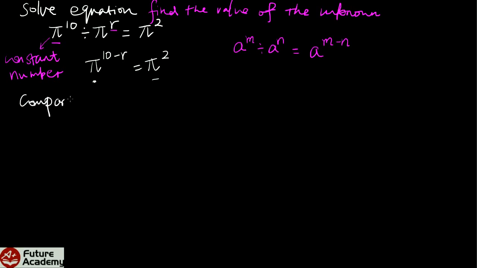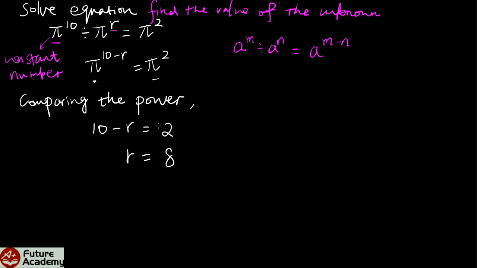Technically we call it comparing the power. The next step is 10 minus r equals 2. Okay, so we have successfully manipulated it to a linear equation, so we can find the value of the unknown, which is 8.